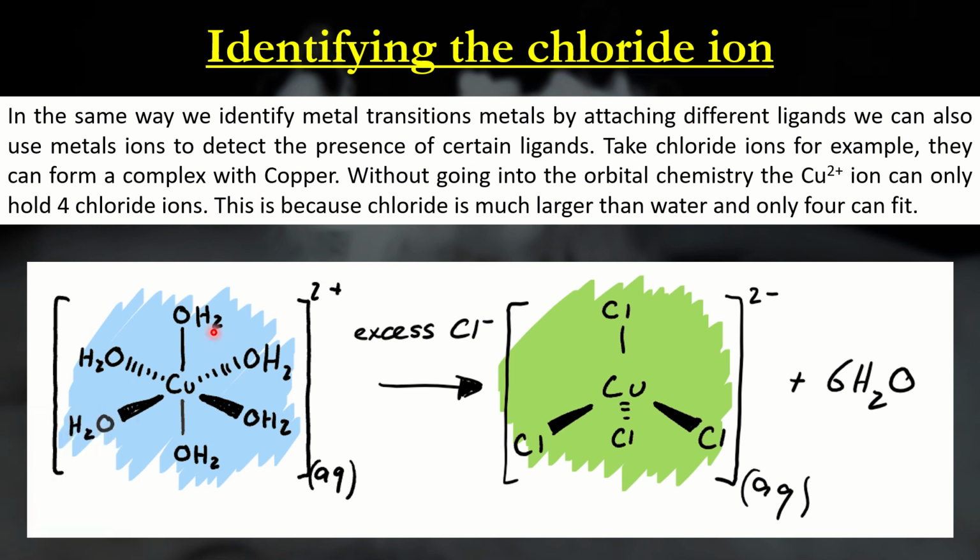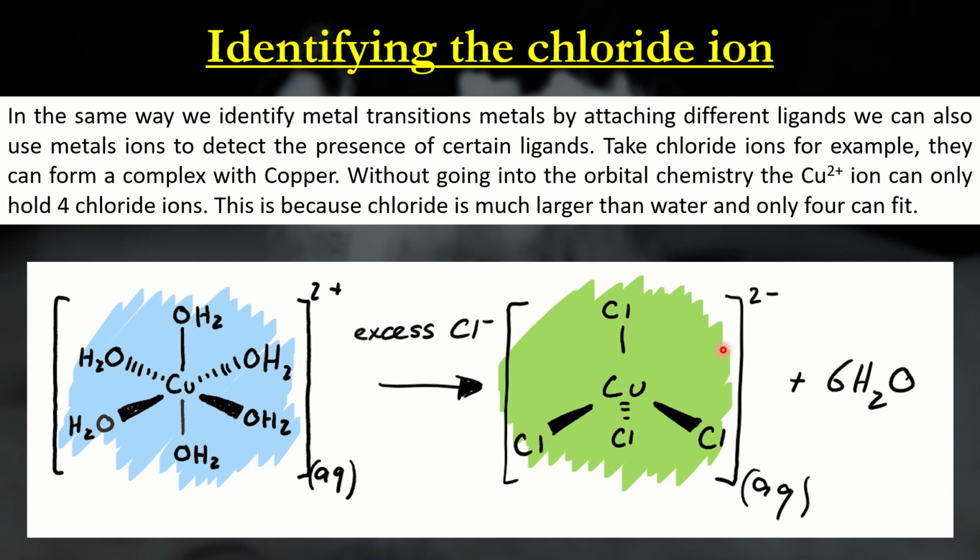So in copper tetra hydrate, we can introduce an excess amount of chlorine, and the structure of tetrachlorocuprate ion would be a sort of greenish tone color.